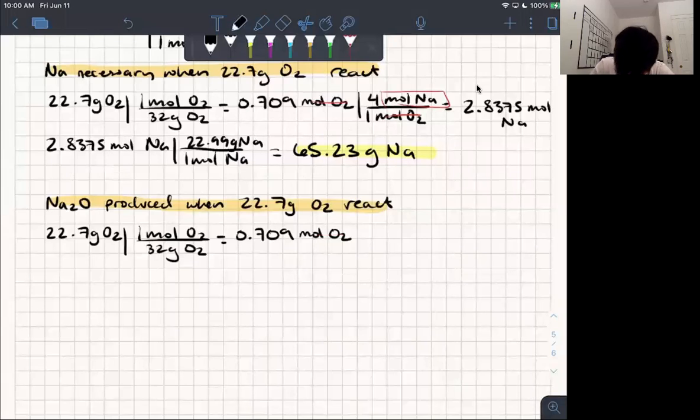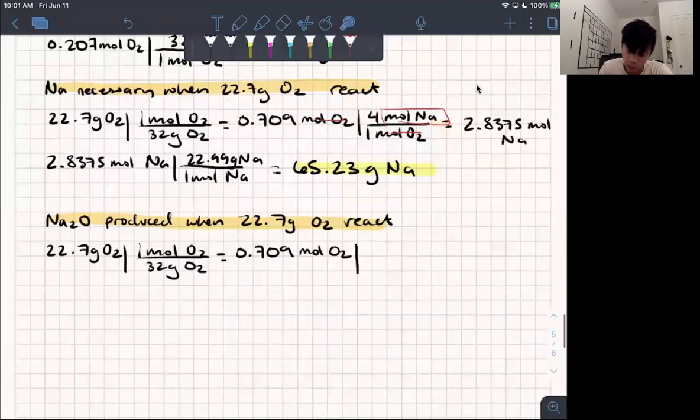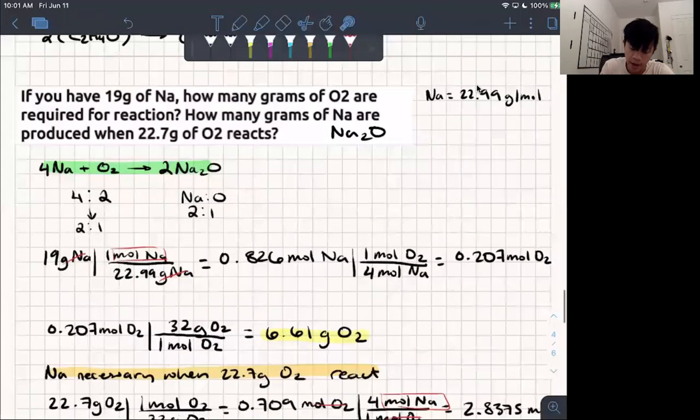Now, instead of using the molar ratio between oxygen gas and sodium, we want to determine the molar ratio between oxygen gas and Na2O. We see here this has a coefficient of 1, and this has a coefficient of 2. So for every 1 oxygen gas, or every 1 diatomic oxygen molecule, you will yield 2 Na2Os.